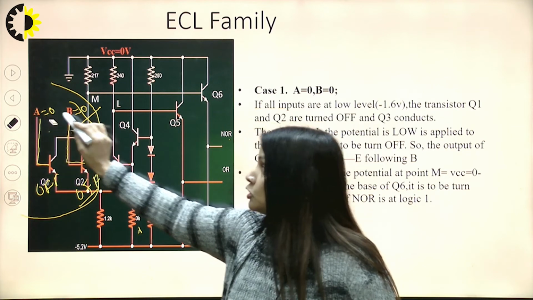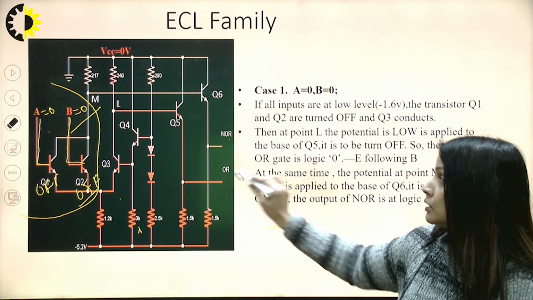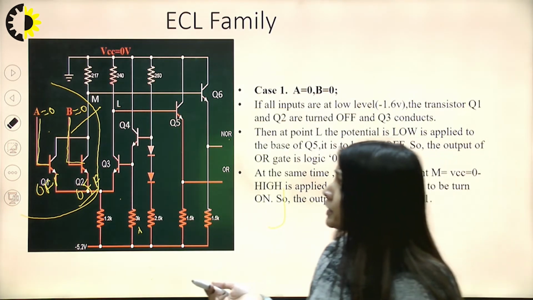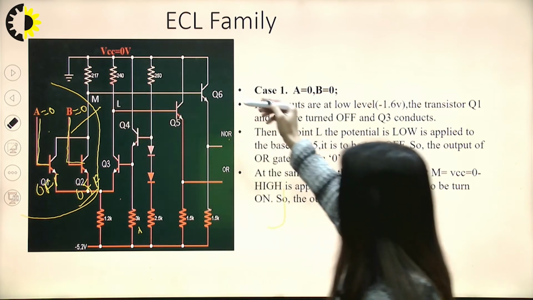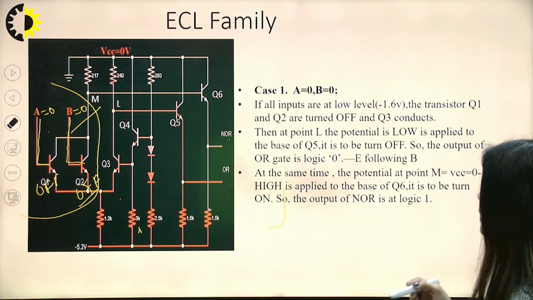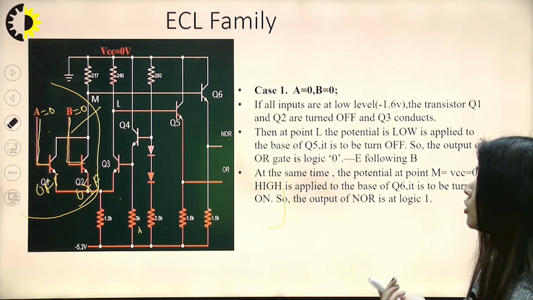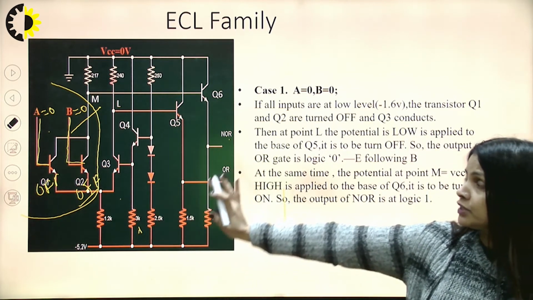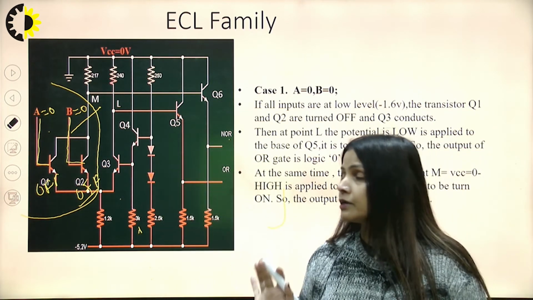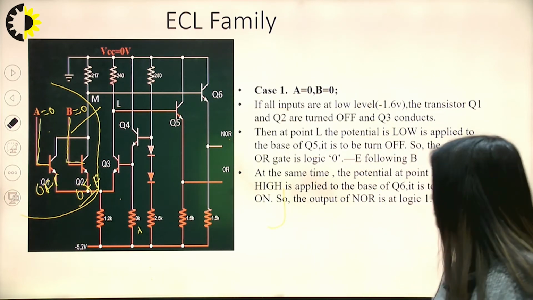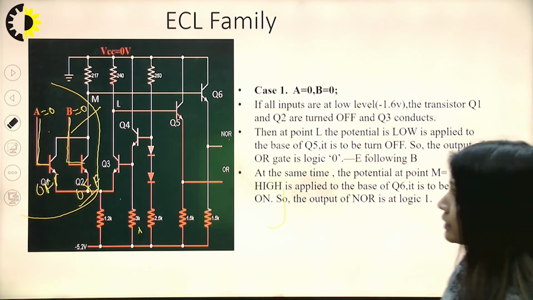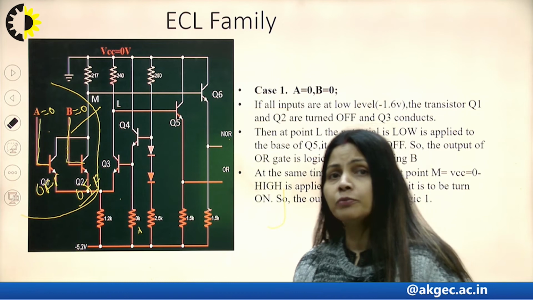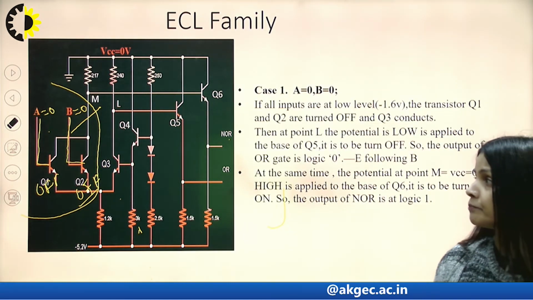So A equal to 0, B equal to 0, the OR output is 0. Similarly, we have already discussed the point M, that is making the Q6 be on, and if it is on, the NOR will be at logic 1. So this is a simple technique by which we can analyze the circuit. Now, understanding a few more points, we can take another case for inputs A and B to be 0, 1 or 1, 0 or 1, 1.